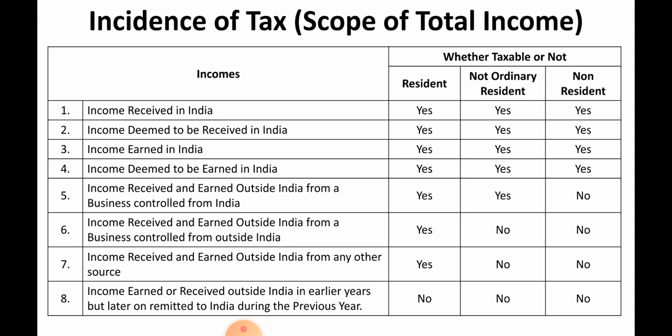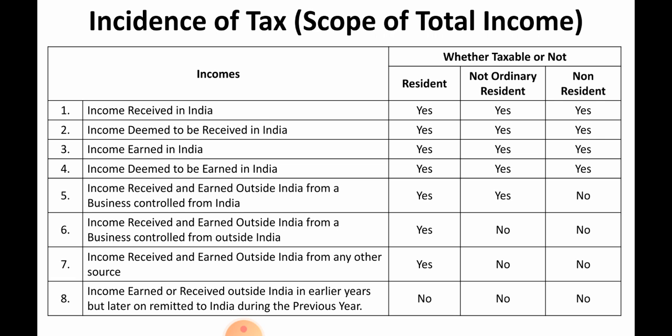So in the fifth point, it is very clear that the business is controlled from India, so it will be taxable for not ordinarily resident. In the sixth point, income received as well as earned outside India, and the business is also controlled outside India. It means this income will be taxable only for the ordinarily resident, not for the other two residents.